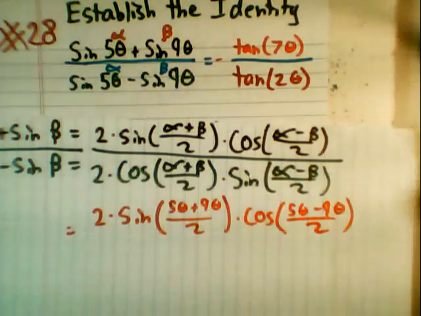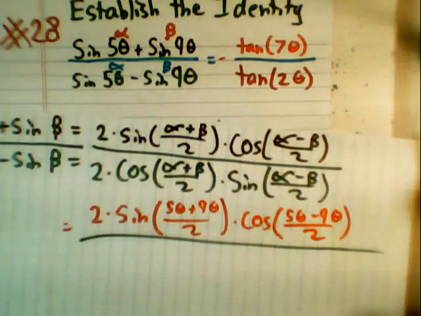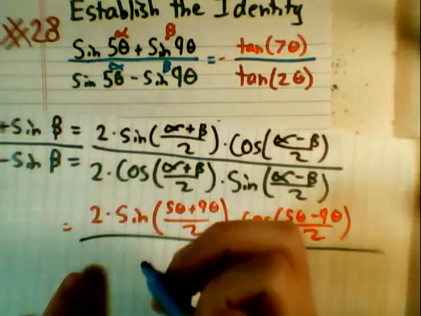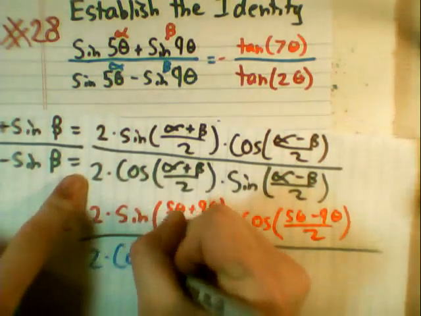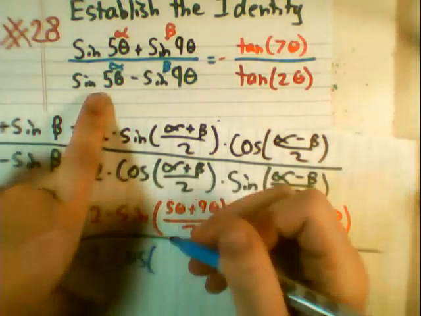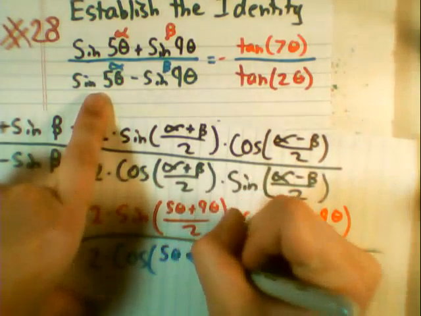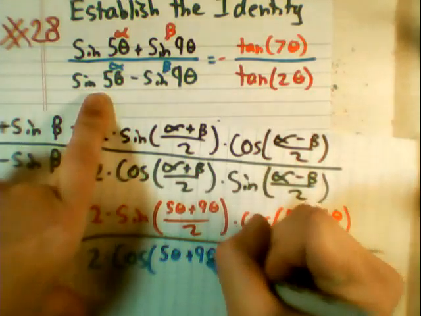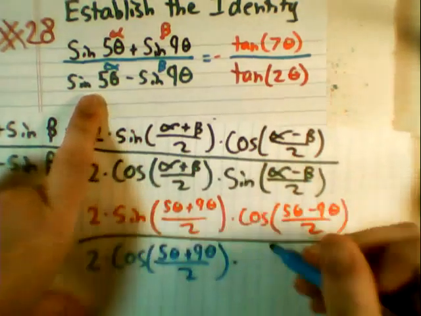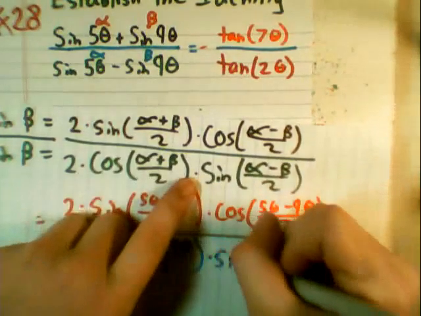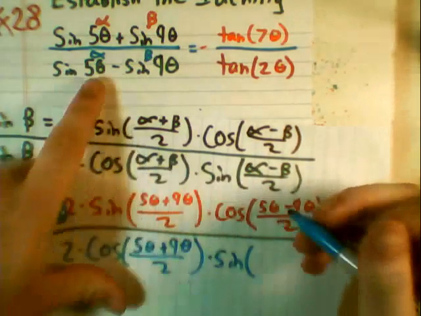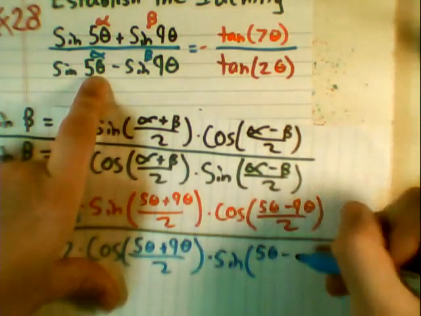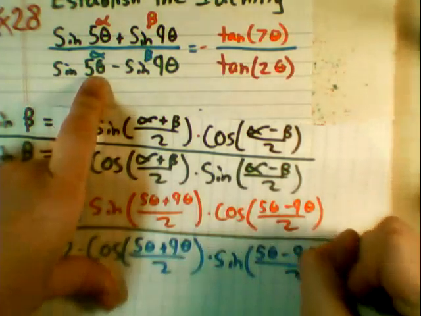That's the top. Now if we do the denominator, we should get 2 times cos of alpha plus beta, so that's 5 theta plus 9 theta divided by 2, times sine of alpha minus beta, so that's 5 theta minus 9 theta divided by 2.